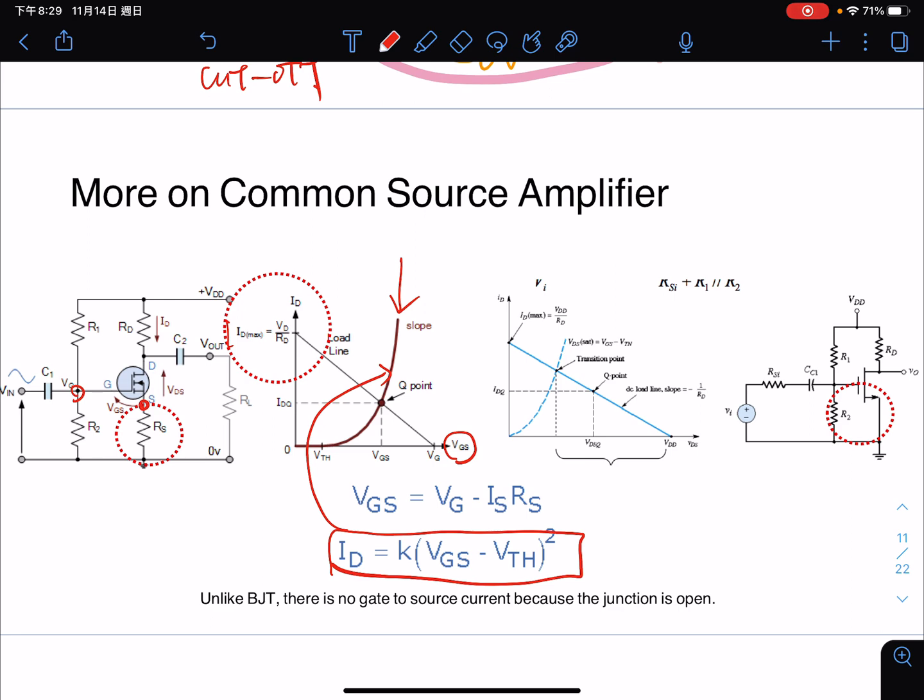So VGS actually is the VG minus VS. But as we know, this point is called VS. So VS will be equal to IS times RS.